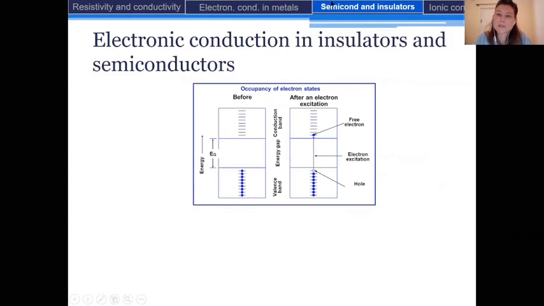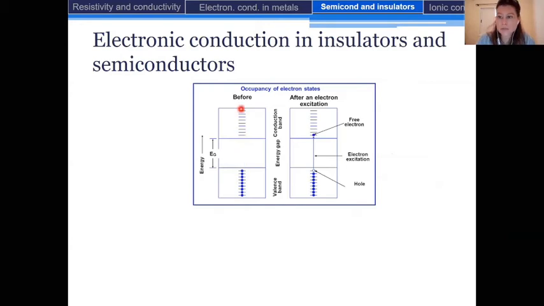So now let's talk about semiconductors and insulators. Let's remember, the valence band is totally filled with electrons. We have an energy gap that is different in insulators and semiconductors. It is higher than 2 electron volts in insulators and lower than 2 electron volts in semiconductors.